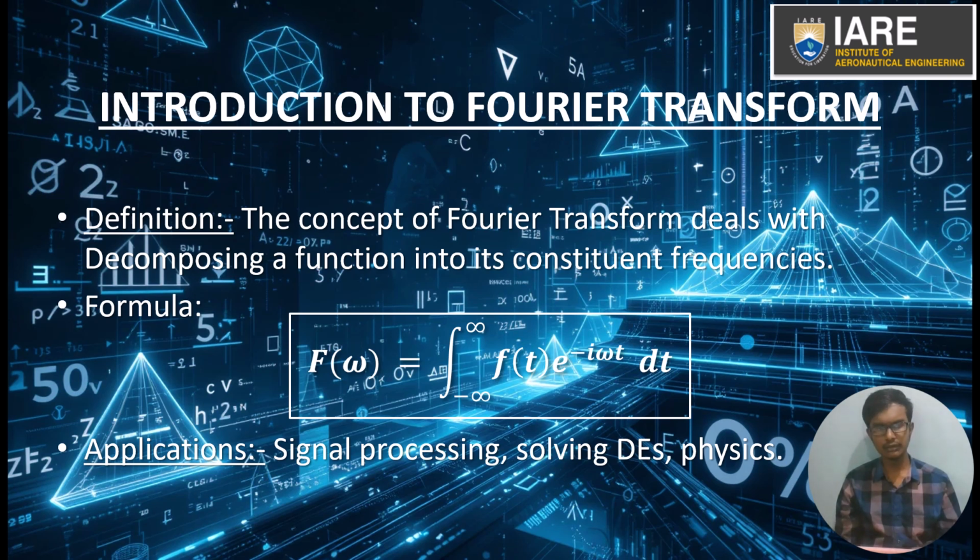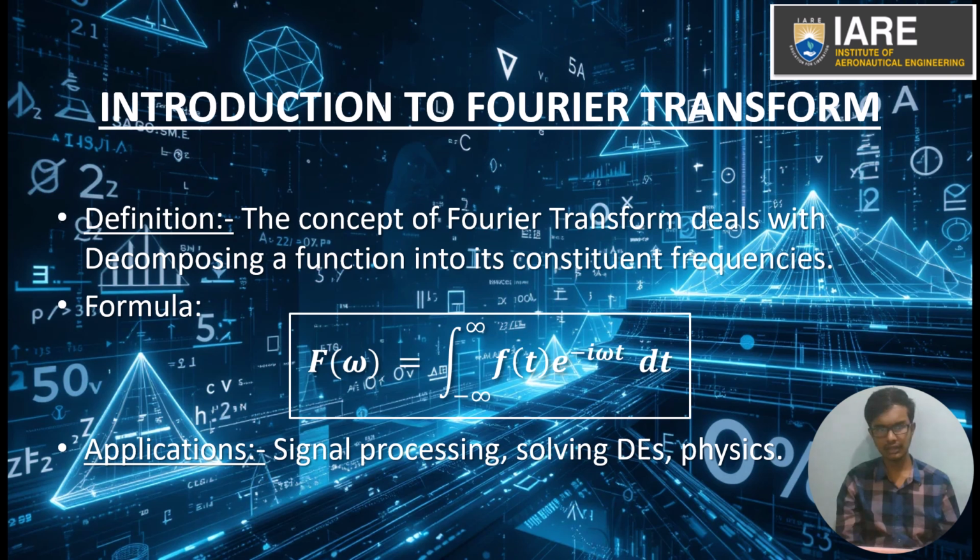The e to the power of minus i omega t is the complex exponential which we use to analyze a lot of frequencies. Here i is the complex number, as we all know.